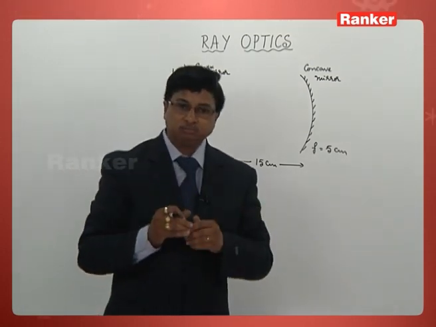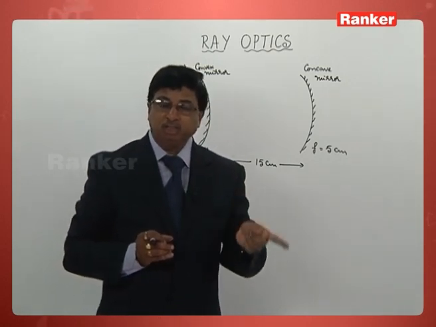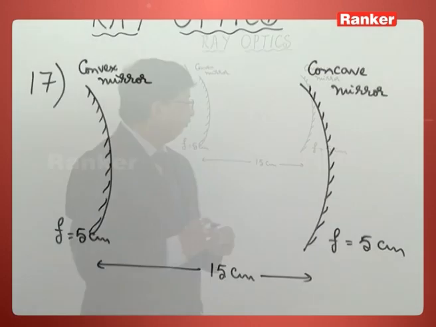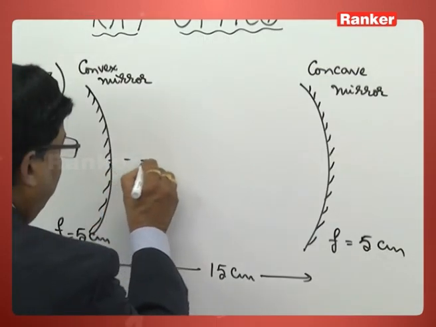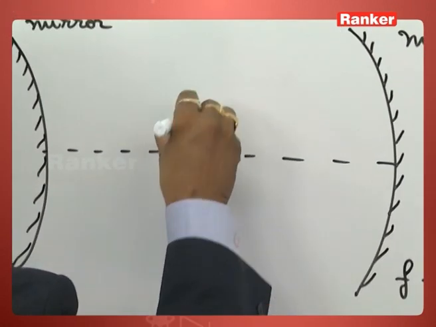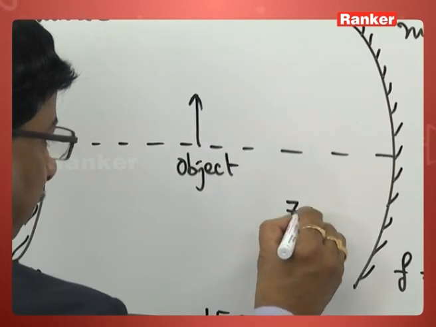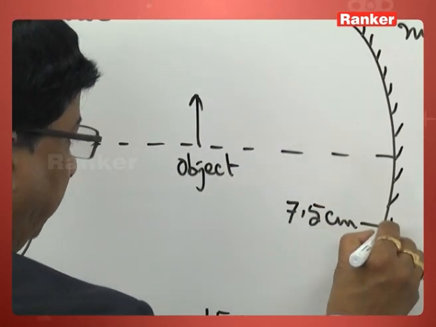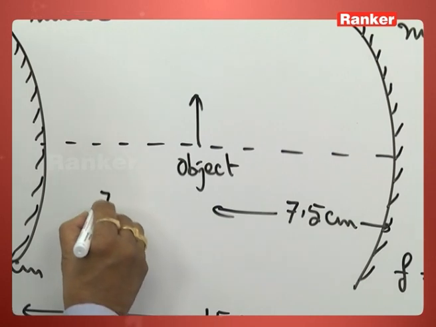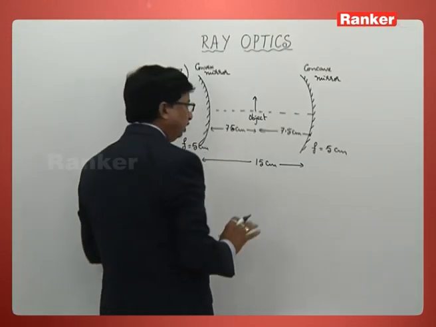Let us continue. An object is placed midway between them. So where is the object located? You can definitely understand if I take this as the position of the object, it is 7.5 centimeter from the first mirror and 7.5 centimeter from the second mirror as well.